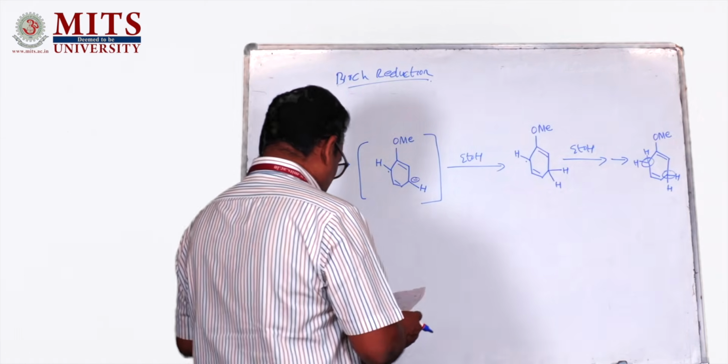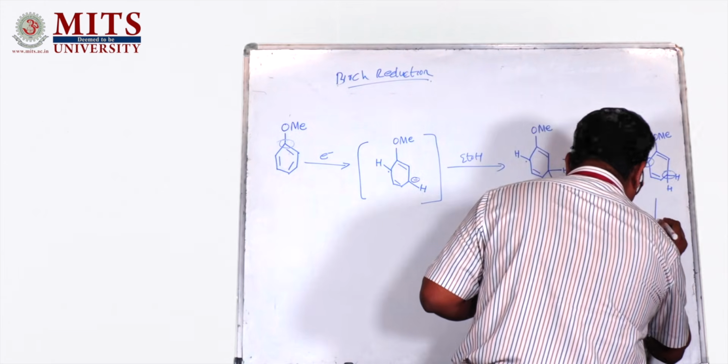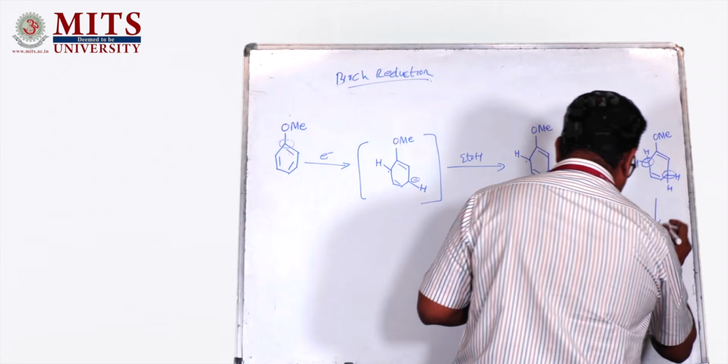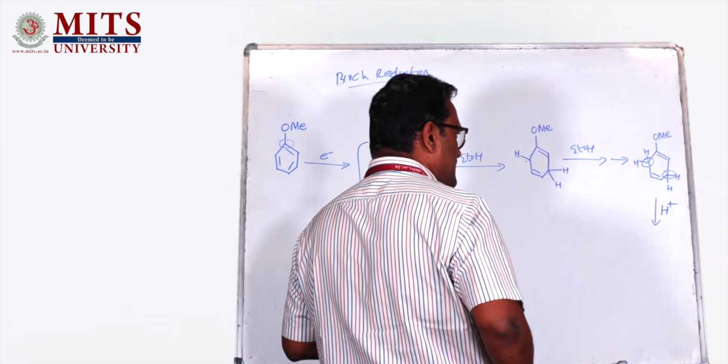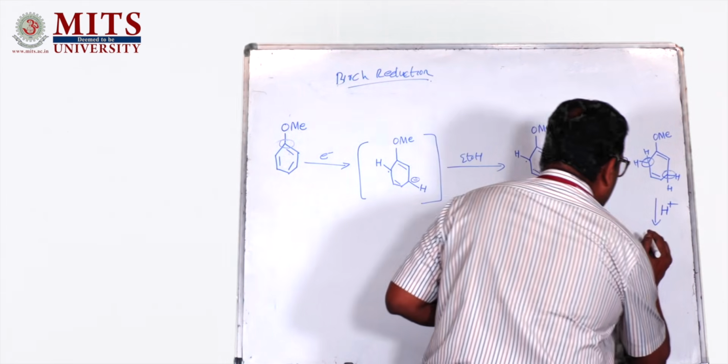Suppose you add a small amount of acid catalyst, what will happen? You will have a conjugated diene.